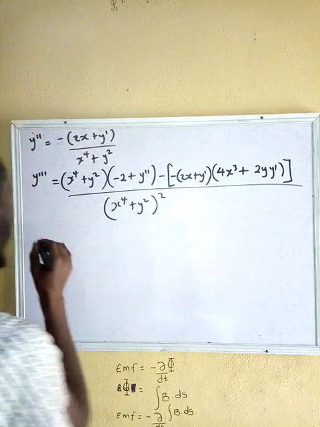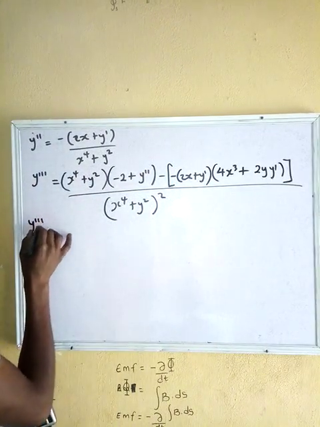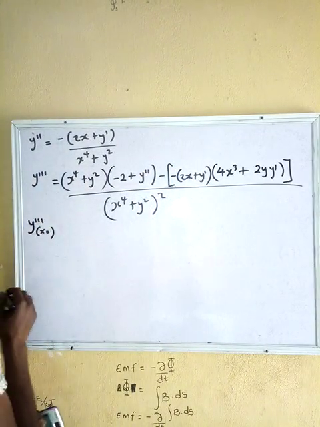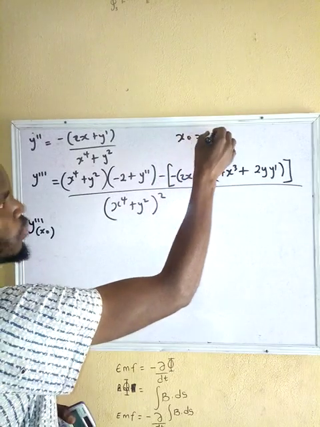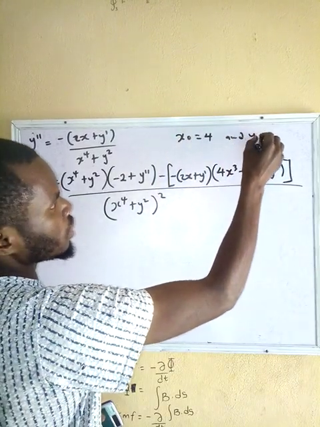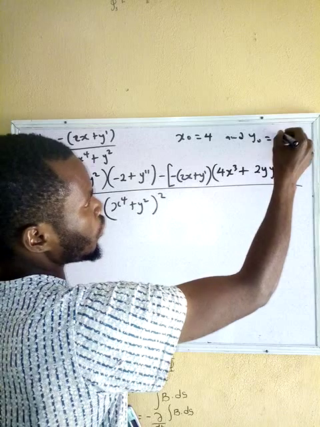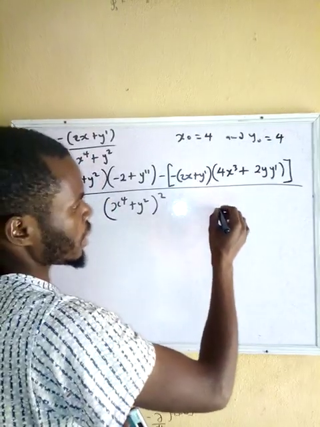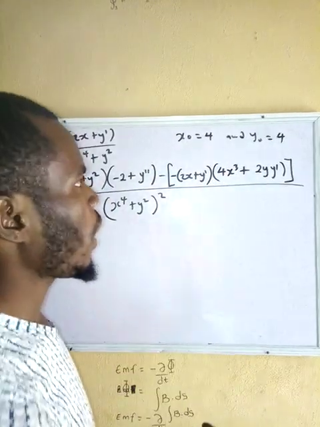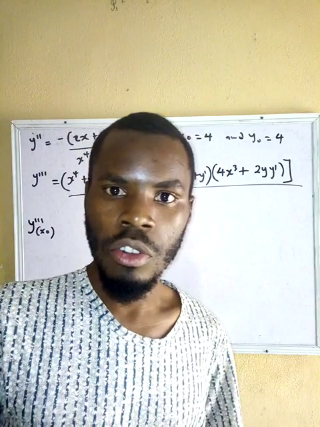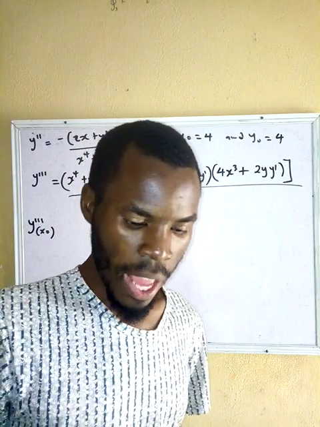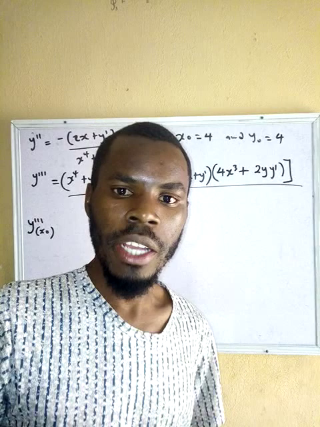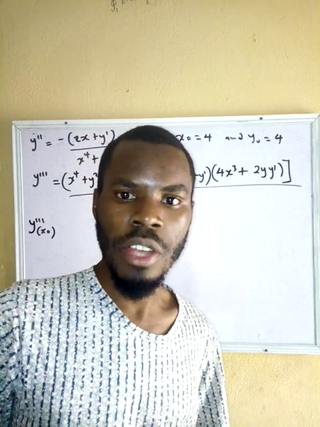Next is to find y prime prime prime of x naught. Don't forget, our x naught is 4 and our y naught is equal to 4. And also we have obtained that our y prime of x naught is 0.05 and our y prime prime of x naught is minus 0.029.